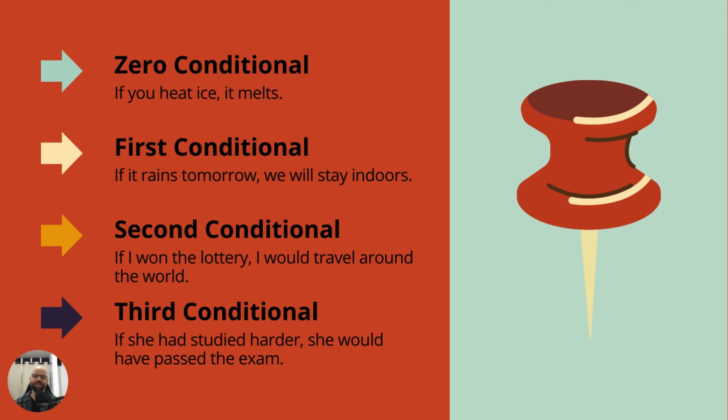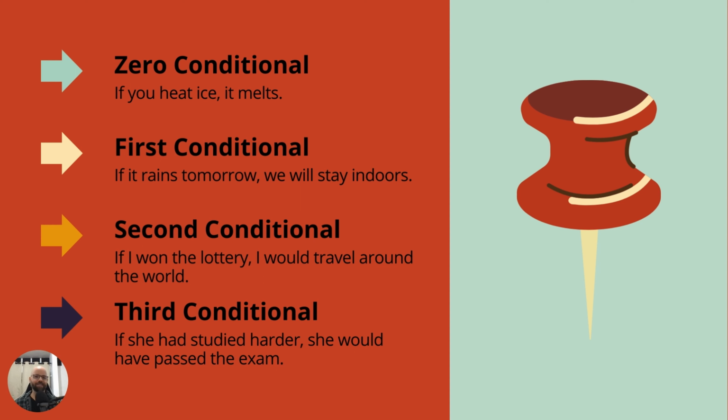Zero conditional. If you heat ice, it melts. And no worries, this is just a brief look at each one. In the following slides, we will look at them in more detail. First conditional.